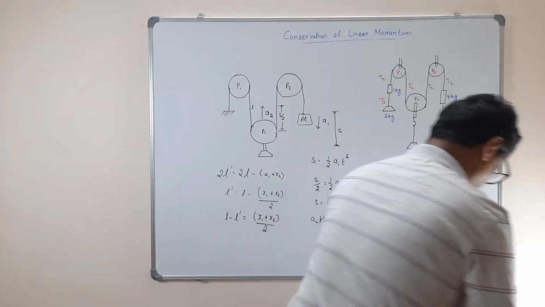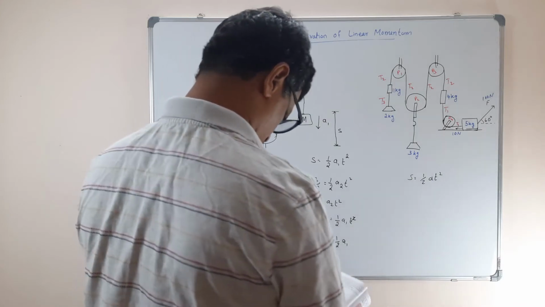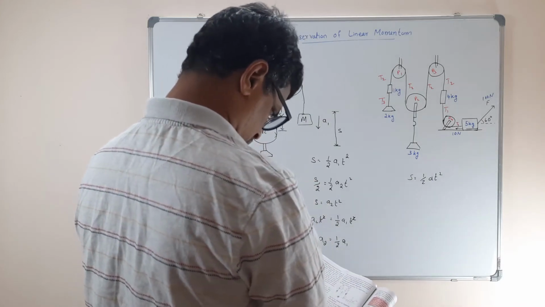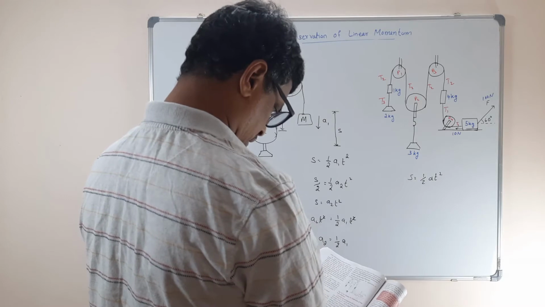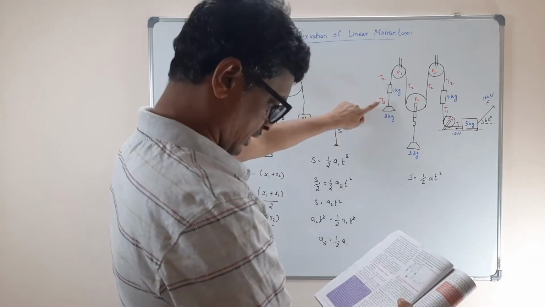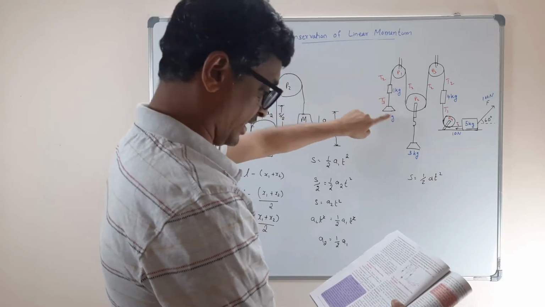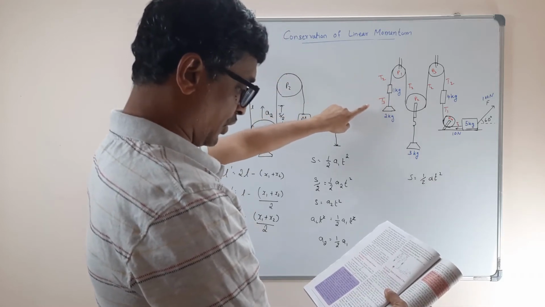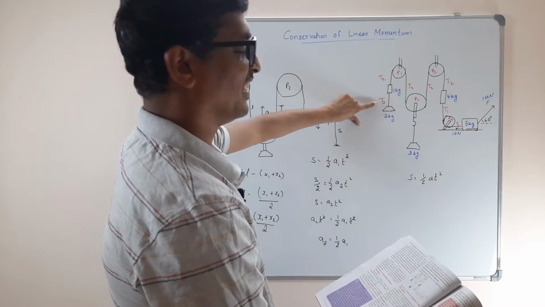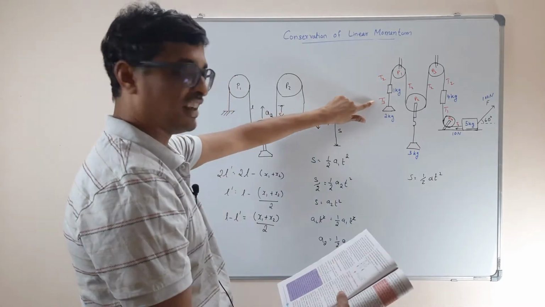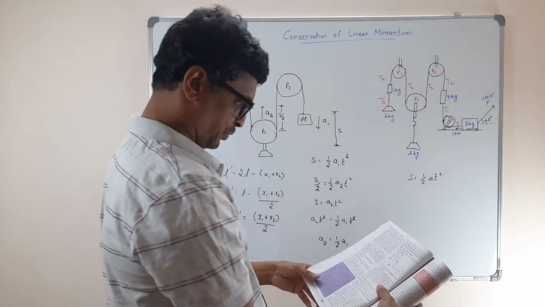What they have written there is, thus these two can be considered to be a single system of mass 3 kg except for knowing the tension T3. You got it? Tension is going to be different.